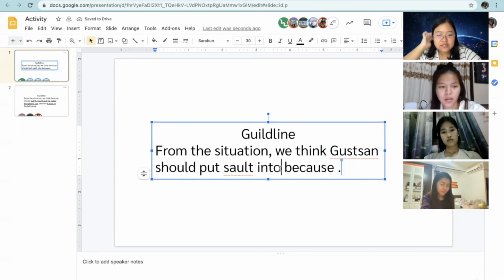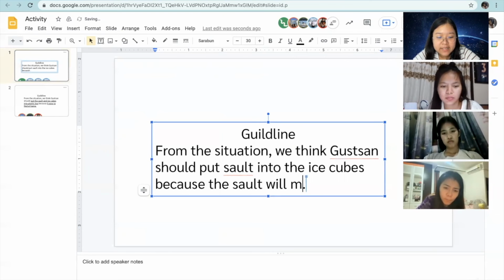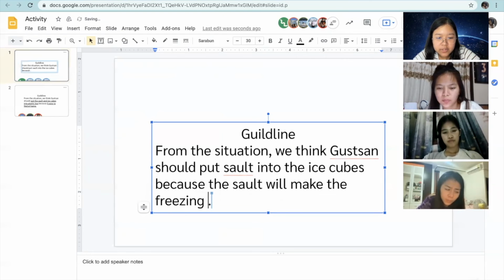Salt into the ice cube because the salt will make the freezing point lower.